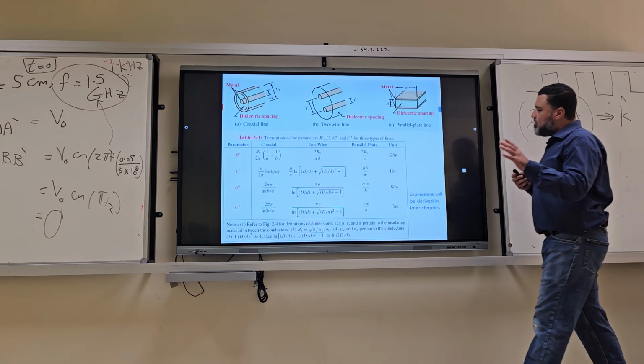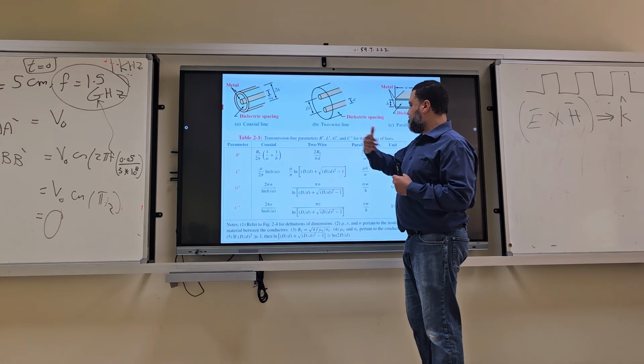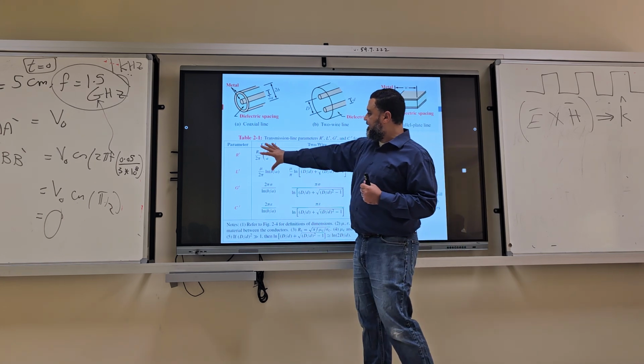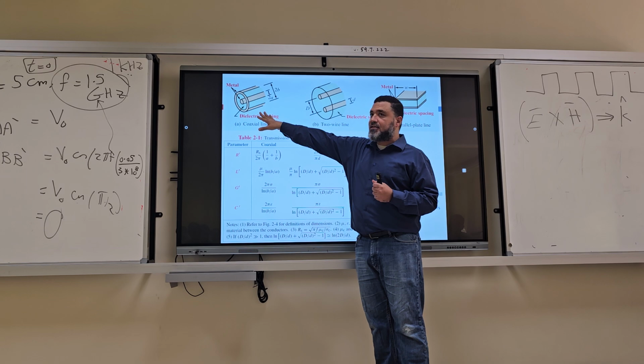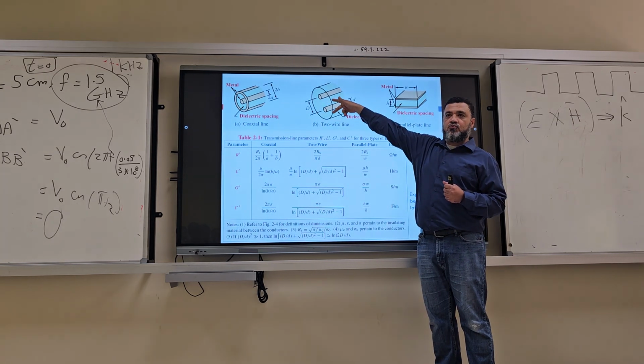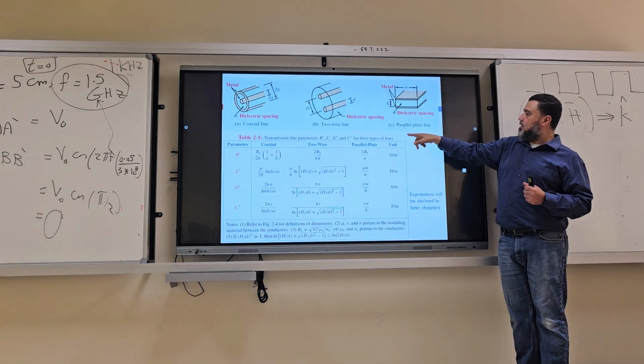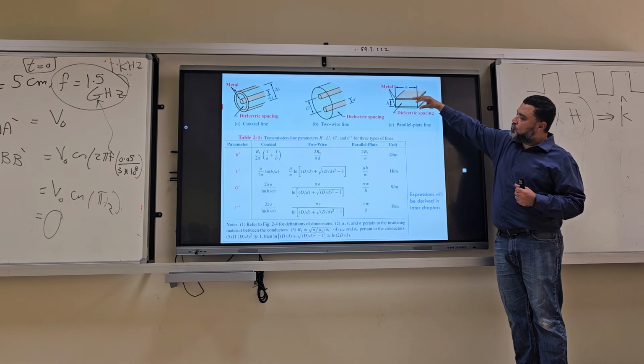This is a table that we will cover in more detail. We have three lines: a coaxial line, two wires in a dielectric, and a parallel plate line, two conductors with a dielectric.